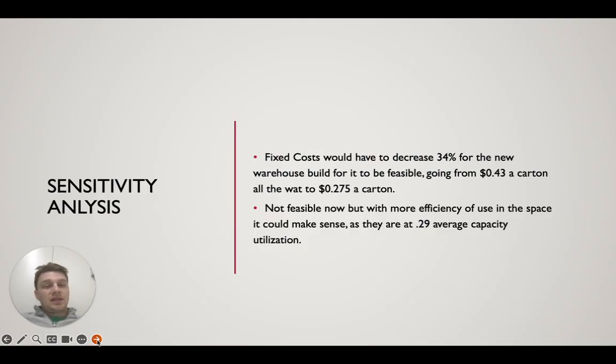And I don't think this is feasible for them in the interim, but I do think because they're not very efficient in using this new footprint, this new layout of the warehouse, they're only using 29%, so 29% of the capacity is being utilized. That I think as you utilize more, because that overhead cost is fixed, it'll help lower that fixed cost. But I think that's what's needed for the sensitivity analysis.